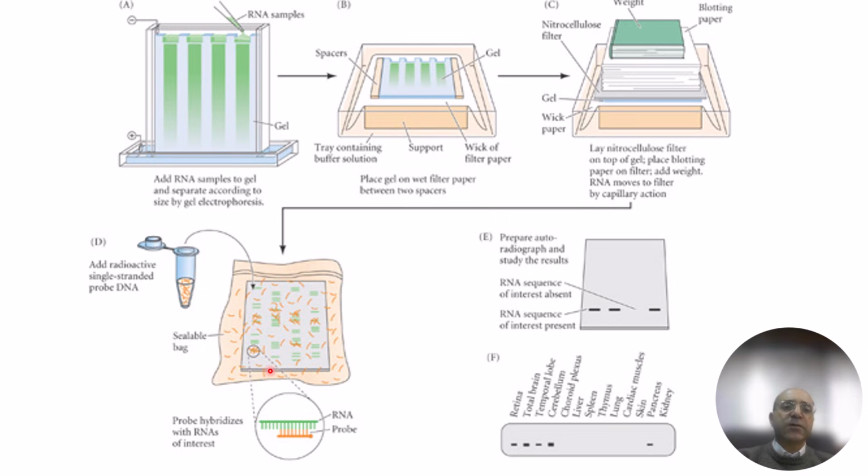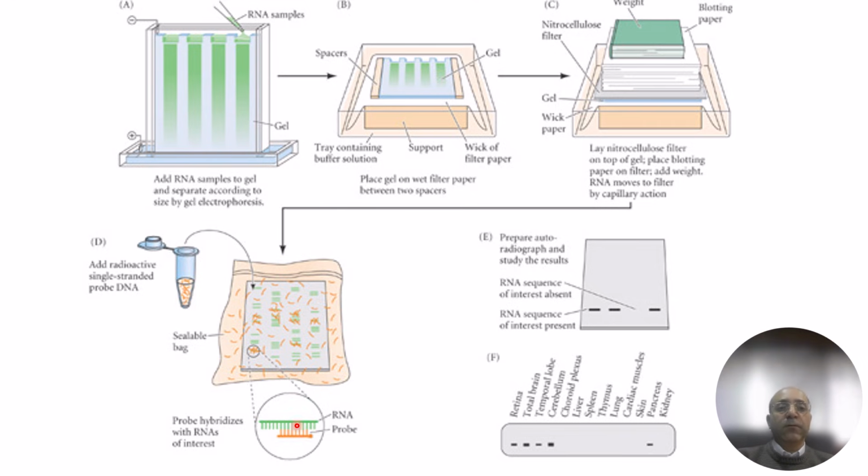Anyhow, regardless. So if there is an RNA molecule that has a sequence that is complementary to the probe, now the probe is going to hybridize to it. And the probe is labeled. Usually radioactivity, some do fluorescence, but usually it's radioactivity.